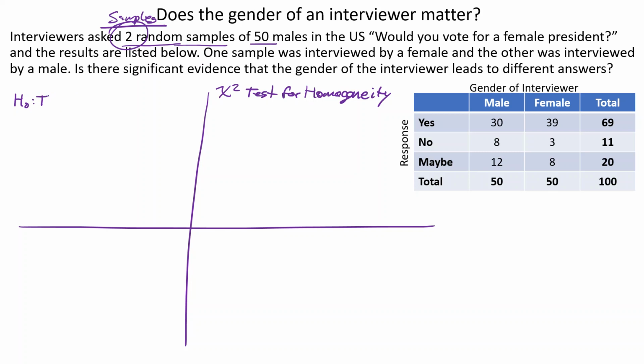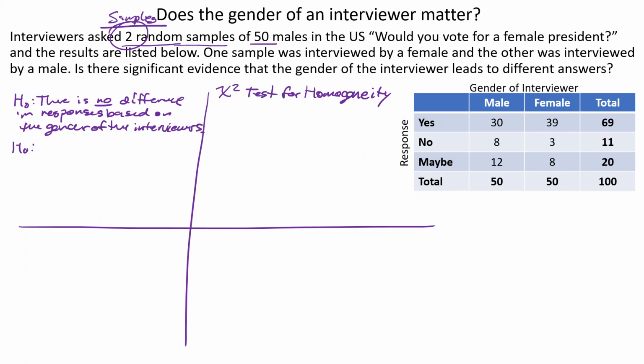So Ho, no, so there is no difference in responses based on the gender of the interviewer. That's what's being changed. And then the Ha would be that there is a difference.